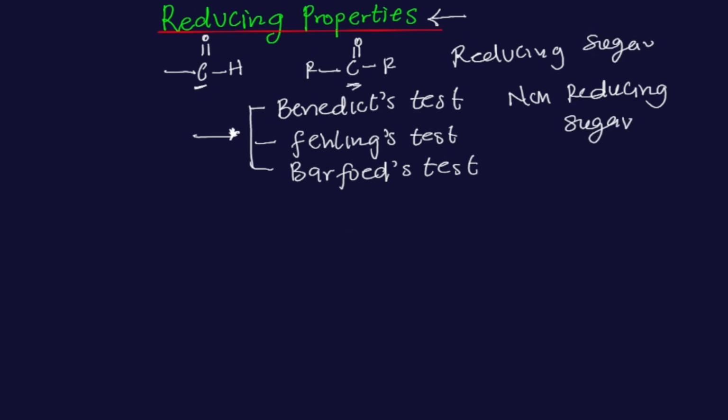One thing about reducing and non-reducing sugars is that any sugar that has a free aldehyde or ketone group is referred to as a reducing sugar. Any sugar that has a free aldehyde or free ketone functional group is referred to as a reducing sugar.